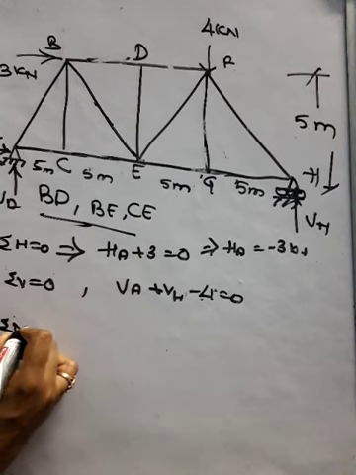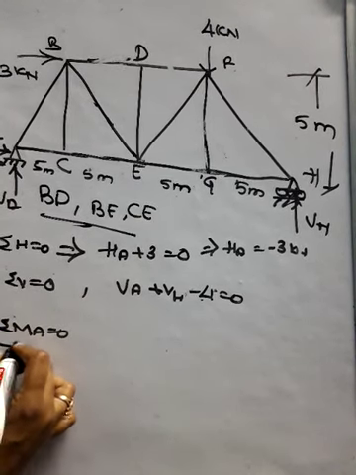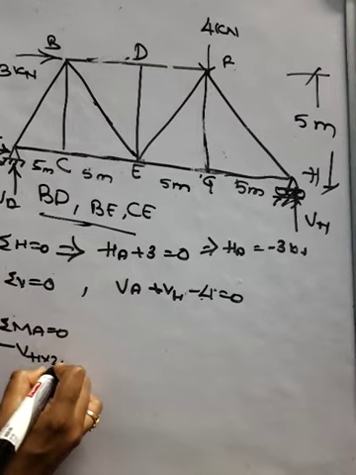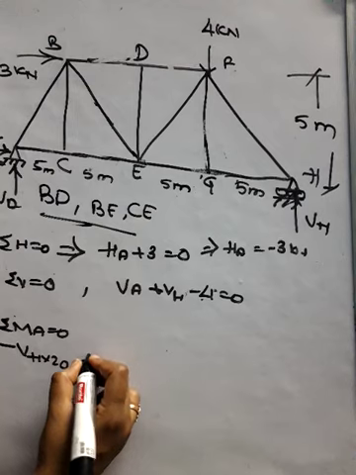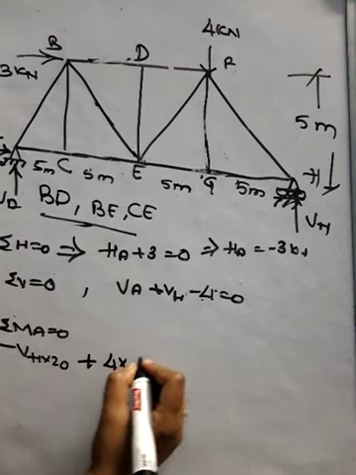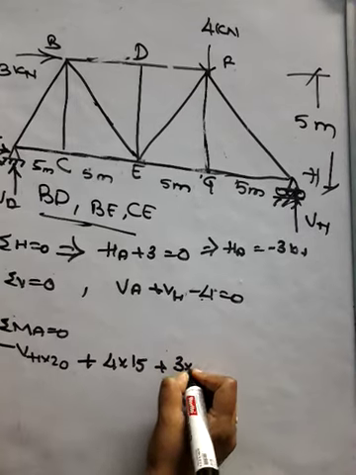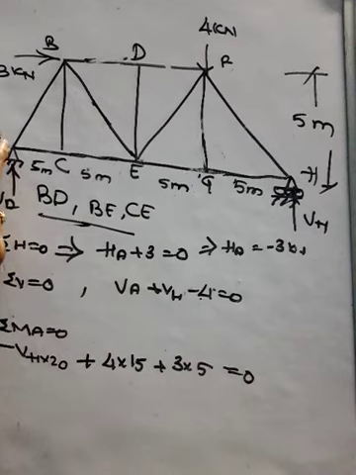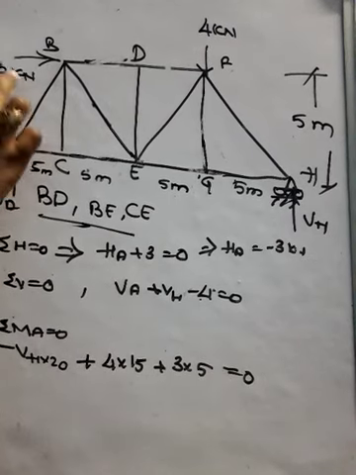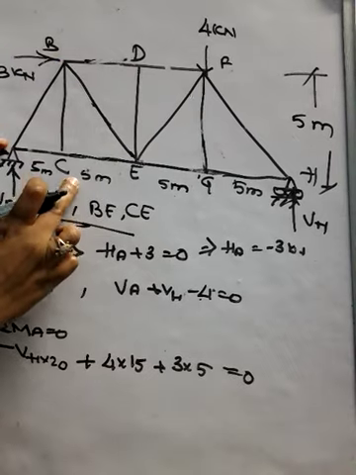Then I'll take summation of moment about A equal to 0. So you have minus VH into 20 plus 4 into 50 and plus 3 into 5 is equal to 0. About point A, you have 3 kilonewton at a distance of 5 meter, clockwise in nature.